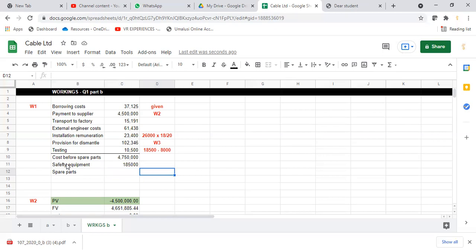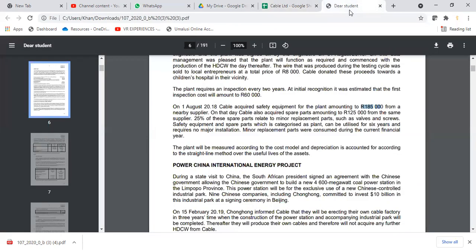In this scenario, 25% of the spare parts are minor, such as valves and screws, which generally get consumed as we go along. So that will be classified as inventory because it's a consumable. But all the other spare parts are utilized over 6 years, so that will be classified as PPE.